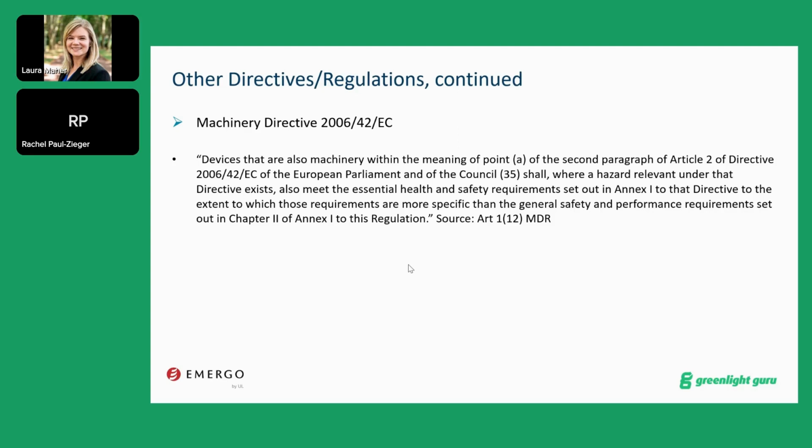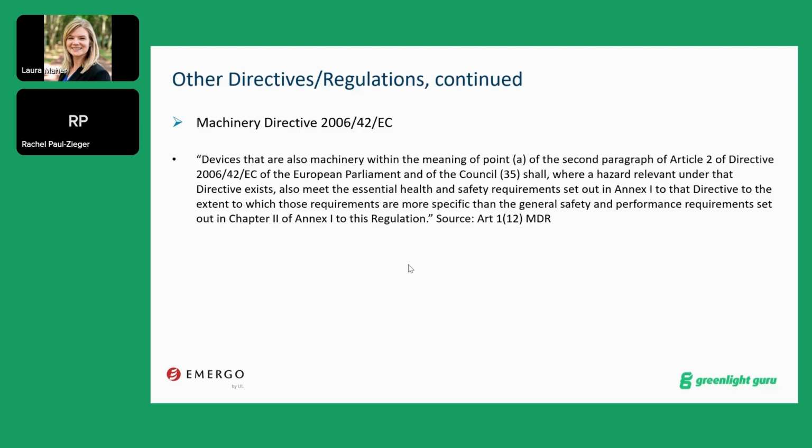The GSPR, in fact, represents a set of requirements that have to be followed for the medical device. So this is not something that should be drafted at the end of the design and development phase. There are requirements to be taken into consideration as soon as possible when you develop your device.